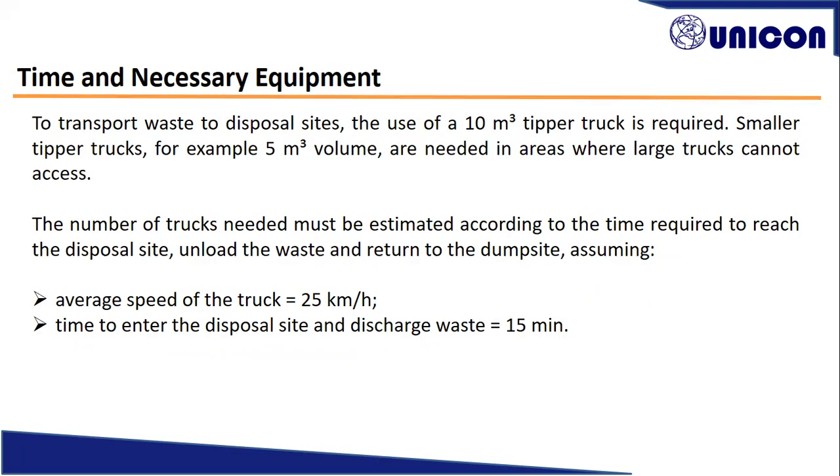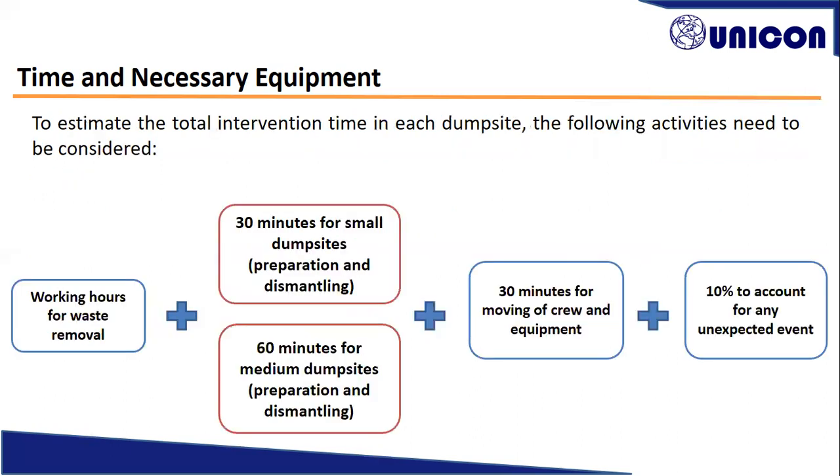The number of trucks needed must be estimated according to the time required to reach the disposal sites, but also to unload the waste and return to the dump site. The following values are suggested: an average speed of the truck of 25 kilometers per hour, and time to enter the disposal site and discharge waste equal to 15 minutes.